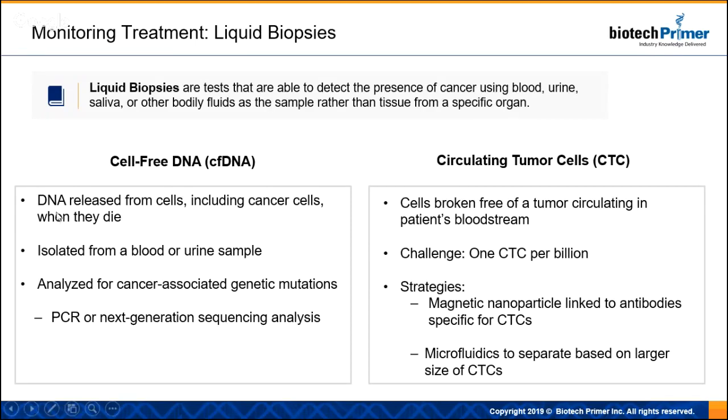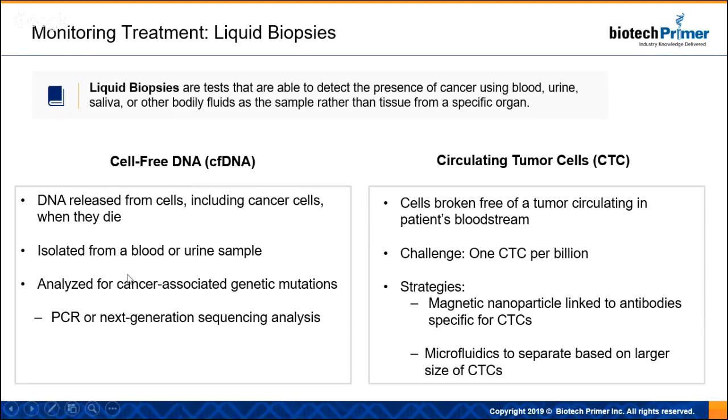And so this is just based on the premise that all cells die. And again, even though by definition cancer cells don't die very often, anytime you have a tumor, there is some small percentage of those tumor cells that do die and release DNA.